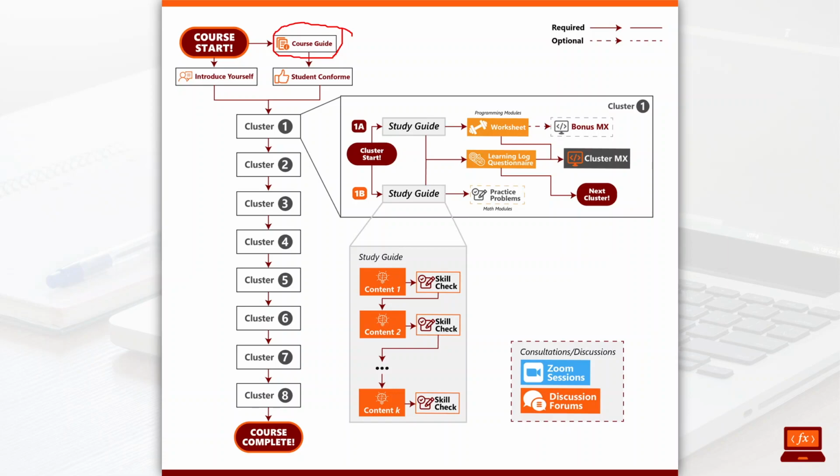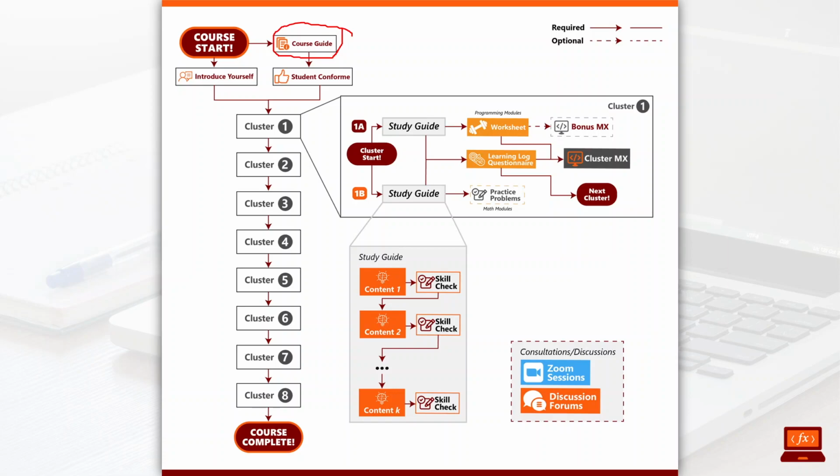Tapos, after nyo basahin, mayroong student conform sa Uble na kailangan nyo lang i-sign, or actually i-submit na nag-agree kayo sa lahat ng nakasulat sa course guide. Next, may introduce yourself, nasa Uble din to. After nyo i-introduce yung sarili nyo, mayroong forum for that, ma-open na yung cluster 1.